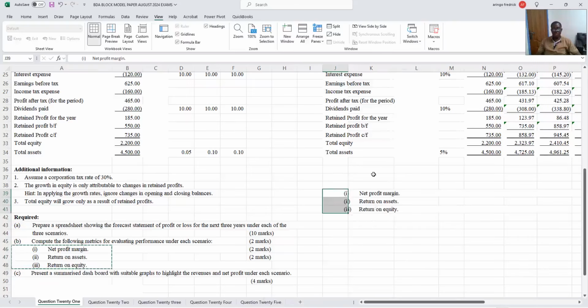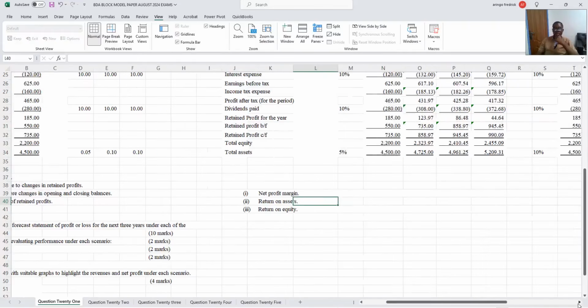Remember, these are ratios, and I believe Mwalimu had guided us in relation to the ratios. This will be much easier because we have all our data. Do you remember how to compute our net profit margin?